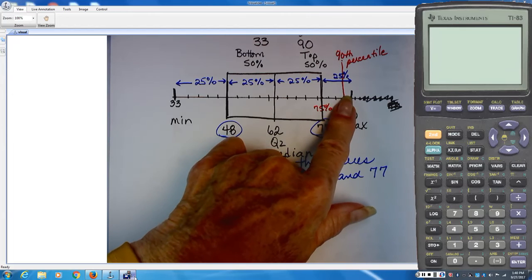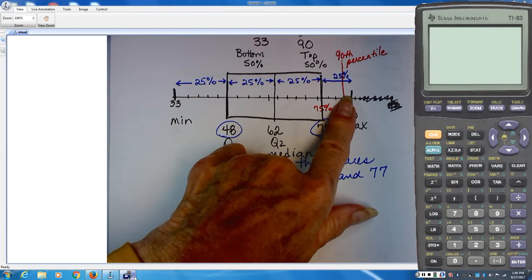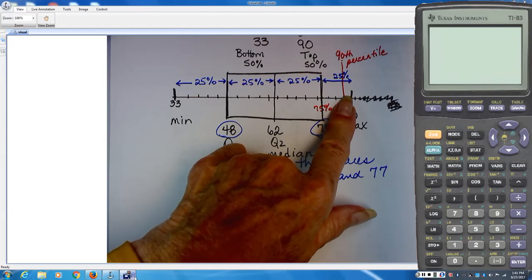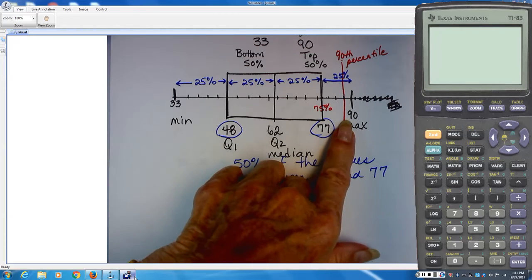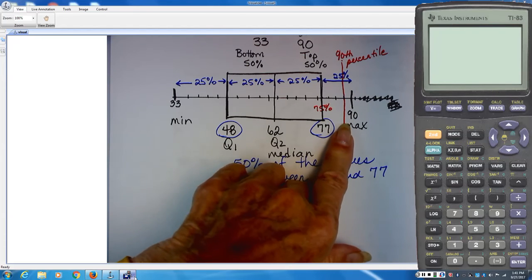Okay? So the 90th percentile is a good place to be if you're talking about test scores or credit ratings or something good. The 90th percentile would not be a good place to be if we're talking about the total amount of your debt. You don't want to be in that top end of how much debt you have. Okay?